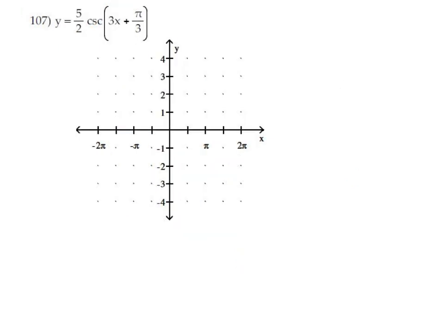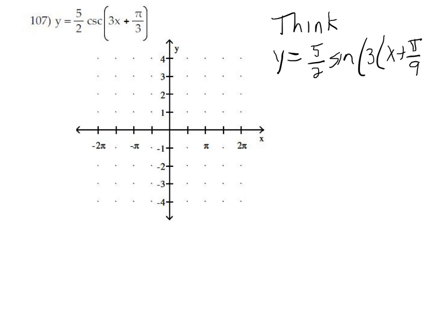Graph y equals 5/2 cosecant of 3x plus pi thirds. So we'd want to start to think in terms of sine, the reciprocal. And I would factor out the 3, leaving me x plus pi ninths.